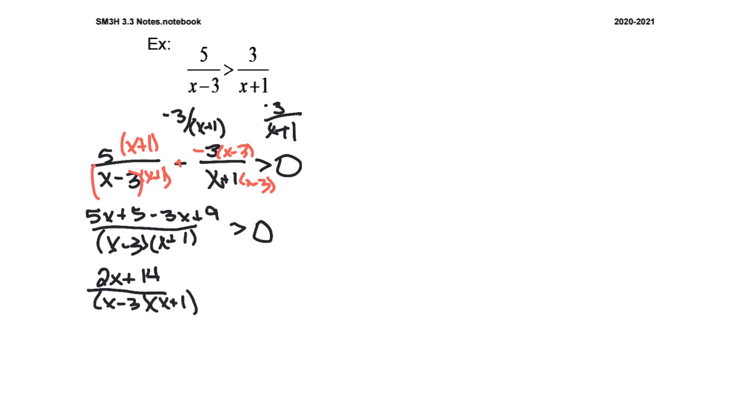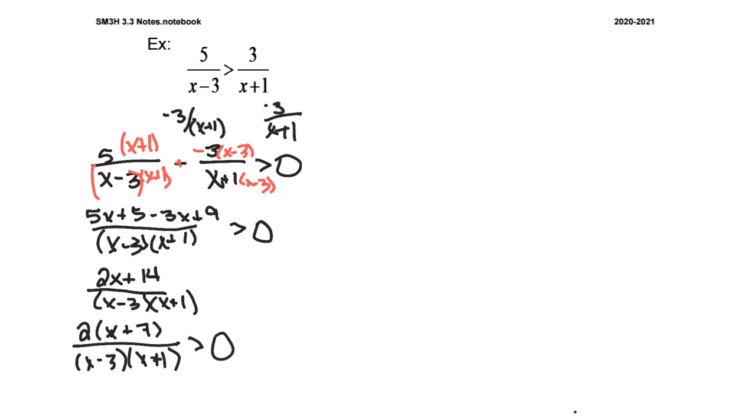And I'm even going to factor that 2 out of the numerator and do 2 times x plus 7 over x minus 3, x plus 1. And that has to be greater than 0.